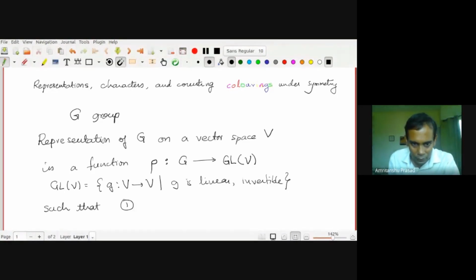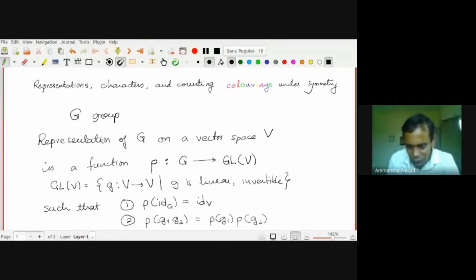One is that rho takes the identity element of the group G, every group has an identity element, to the identity linear transformation on V, the identity function from V to V. And rho of g1 times g2: if I take two elements of G, this is rho of g1, a linear transformation, and I can compose it with the linear transformation rho of g2, for all g1, g2 in G.